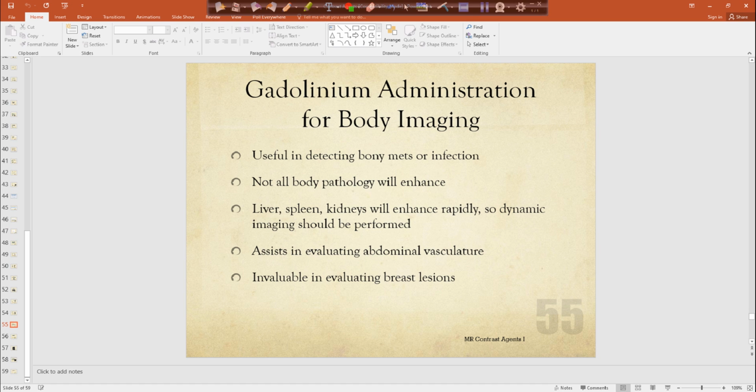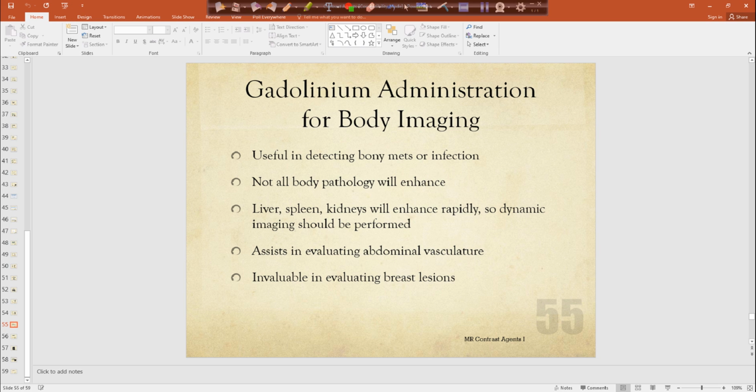When it comes to body imaging, you're really trying to distinguish whether you have a malignant lesion within the liver or a benign lesion. Most malignant lesions within the liver are arterial fed, so they're going to highlight on that first pass of contrast. And the benign lesions are normally venous fed, so they're going to highlight on the second pass of contrast.